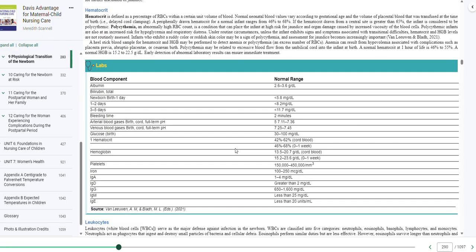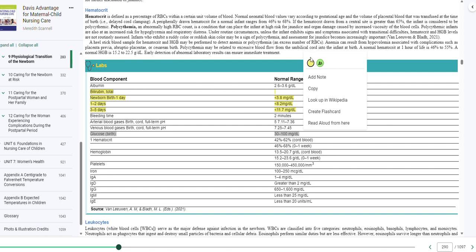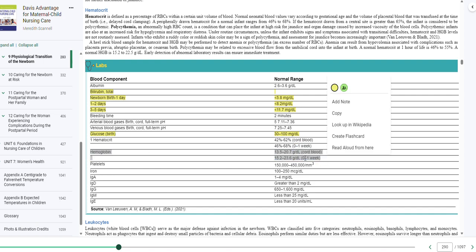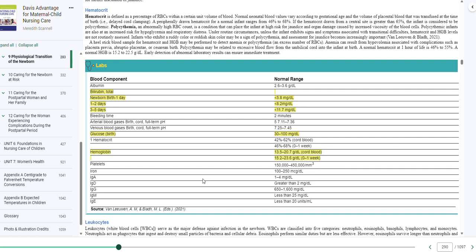Let's look at the lab work. The ones that you should know are the bilirubin. So these here, I'm going to highlight, the glucose, the hemoglobin, and the platelets.